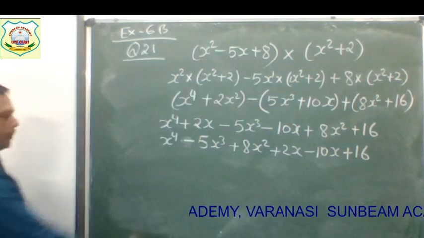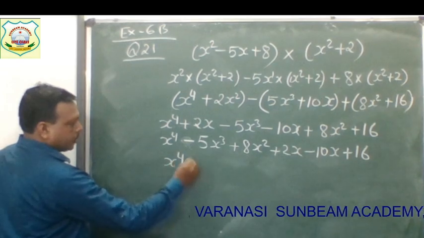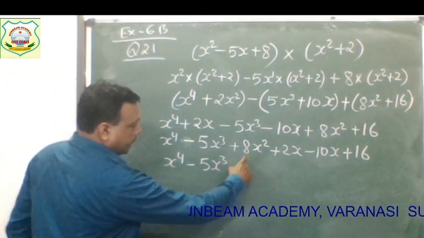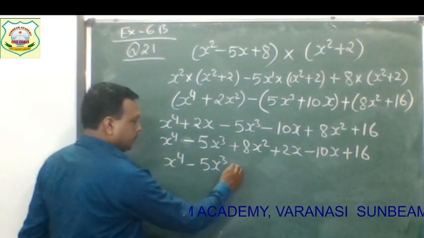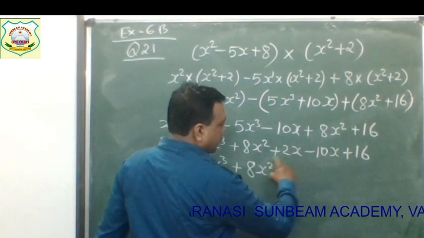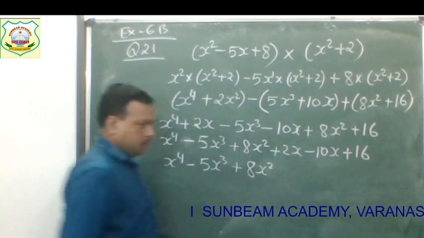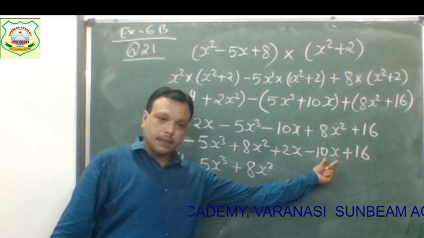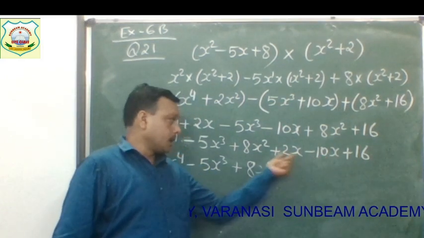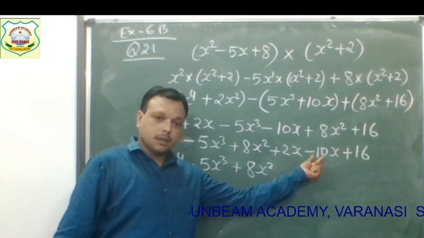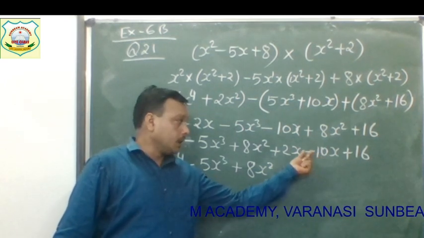Here we can see x power 4 minus 5x cube, 8x square, no other term here, so 8x square. Here 2 plus 2x and minus 10x. Students, you know the values should be the same, here the same, and 10 is greater than 2. It means the sign of 10, it is in minus.